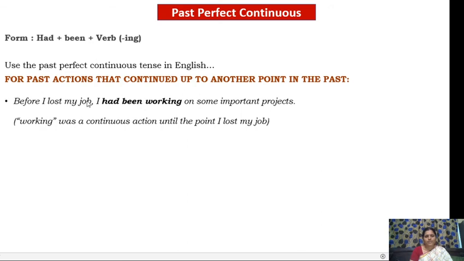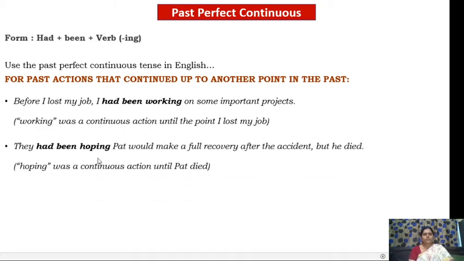Before I lost my job. That means it is some point in the past. So before this point of time, what was the action that was in progress? I had been working on some important projects. Working was a continuous action until the point I lost my job.